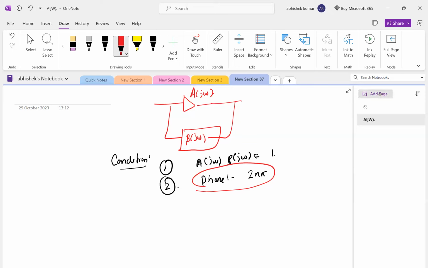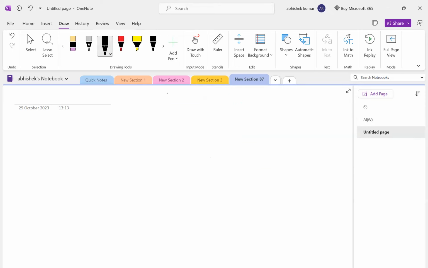Now coming to the phase lock loop. This is important. How does the phase lock loop work? What do we mean by phase lock loop?